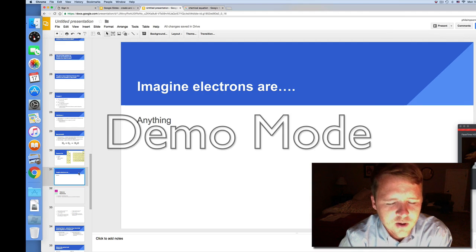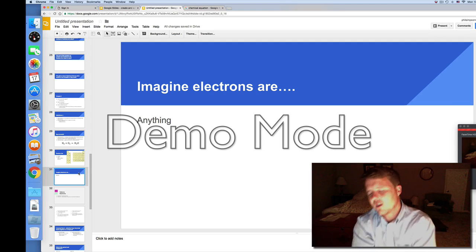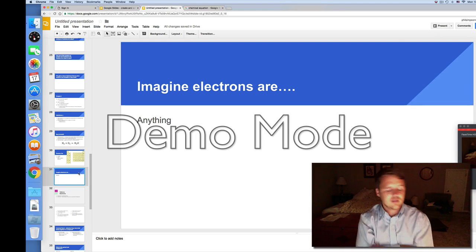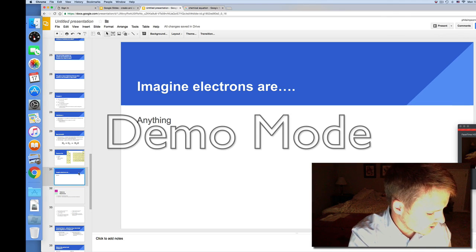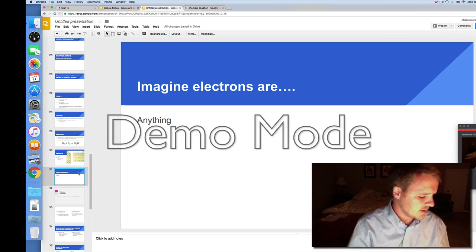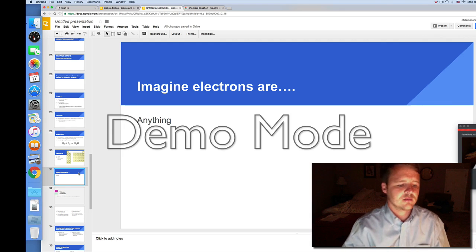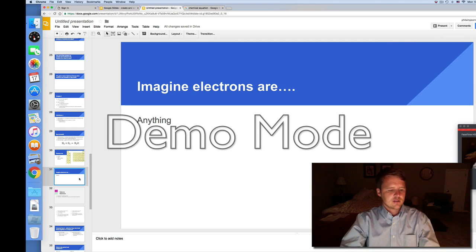Just imagine it's an O with dots around it. Now you kind of need to know how many dots make it neutral, but you can learn that by just remembering its atomic number, which you should memorize according to the last class.